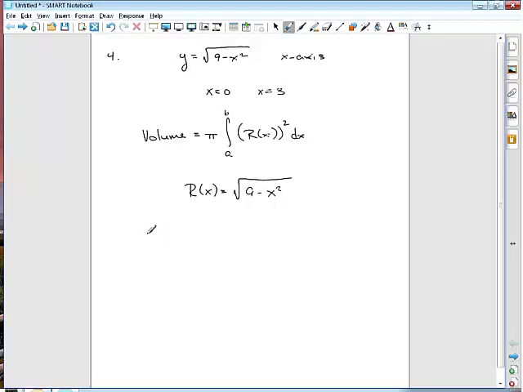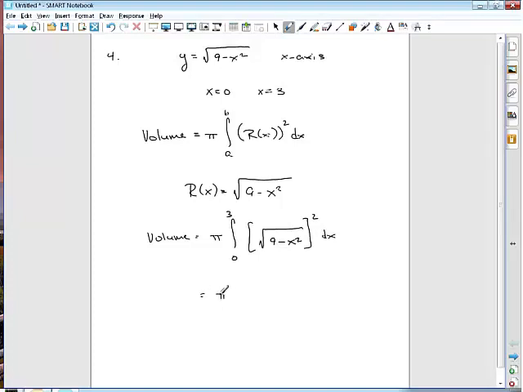So now we can plug things in. So we get pi, the integral from 0 to 3. R of x is the square root of 9 minus x squared. We square that quantity and we multiply by dx.